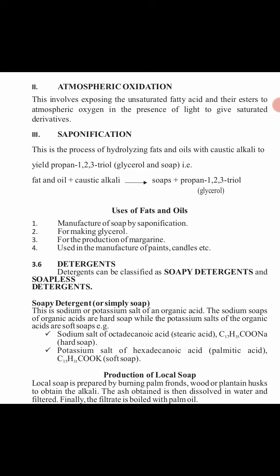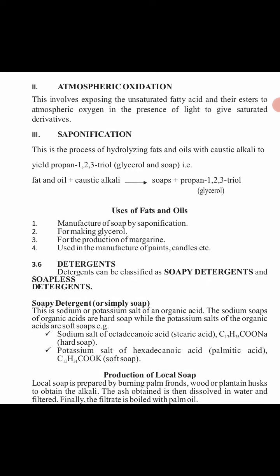Quickly, number 3, saponification. What is saponification? It's the process of hydrolyzing fat and oils with caustic alkali. Alkalis are strong bases. With caustic alkali, you yield propane-1,2,3-triol, also known as glycerol, and soap. So the hydrolyzing of fat and oil with a caustic alkali or a strong base yields glycerol and soap.